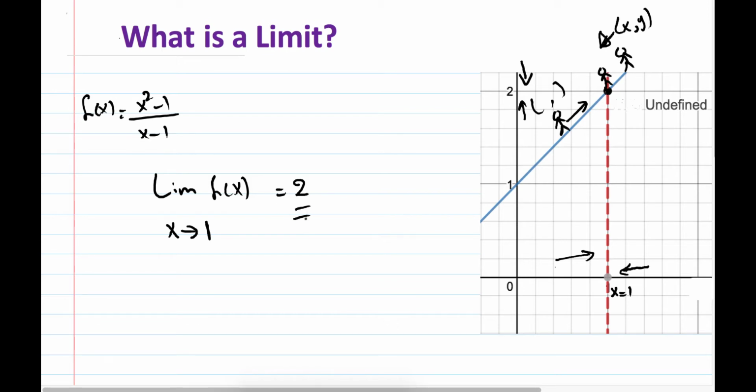Always, the value that equals your limit will be a y value. They get closer and closer to this point, which is y equaling 2. So the limit of f of x as x approaches 1 equals 2.